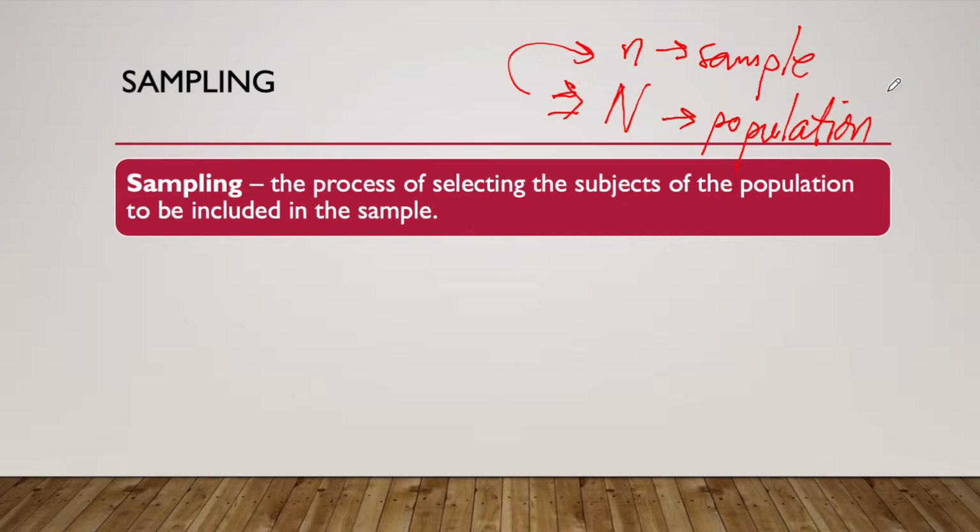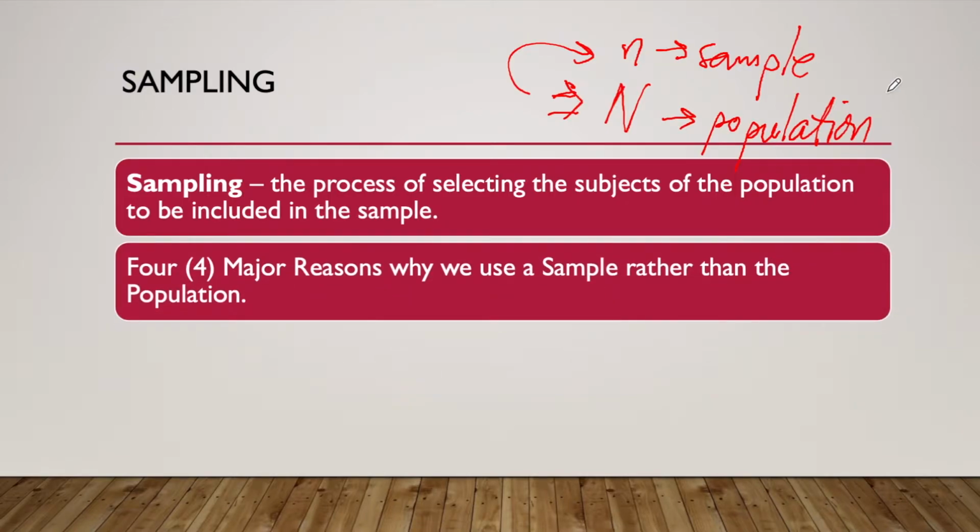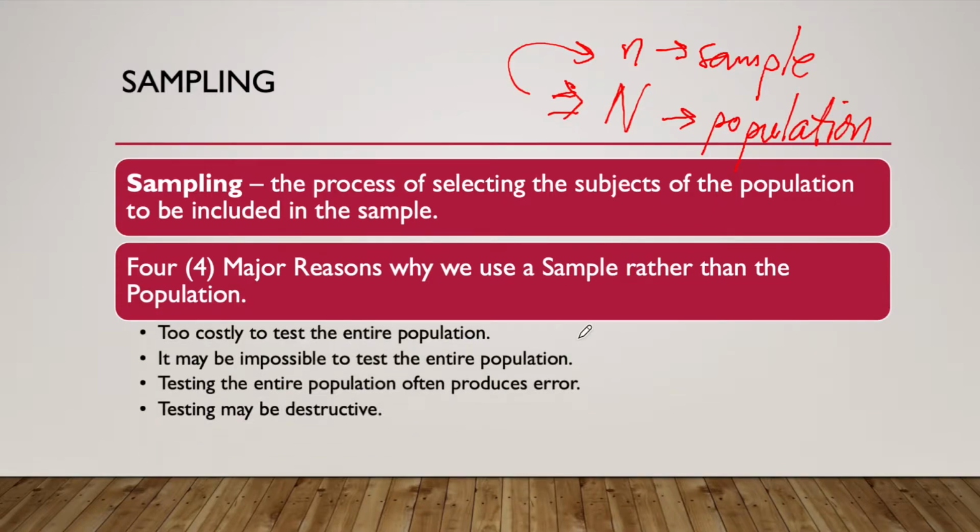So there are four major reasons, though there are a lot more, why we use a sample rather than the population. Let me enumerate them one by one. Number one, it's too costly to test the entire population. If you have enough money, why not? But again, it's too costly.